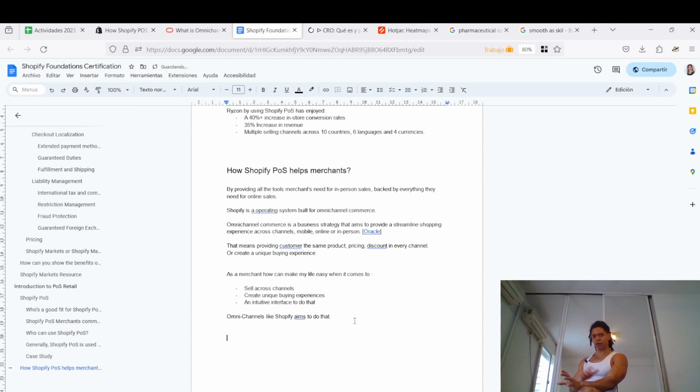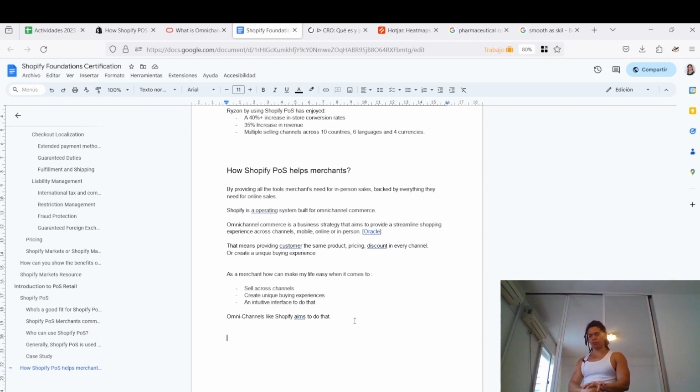So how does Shopify POS help merchants? By providing all the necessary tools to sell in person, backed with everything you need to sell online.